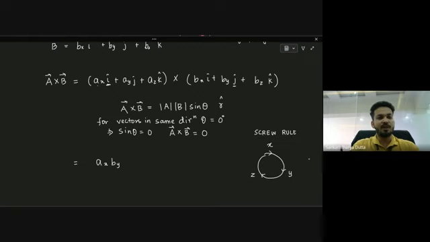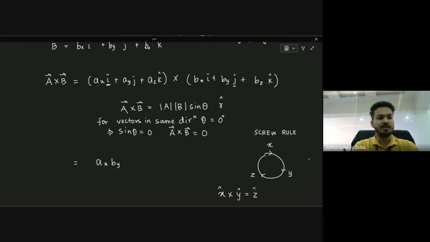If you follow along the arrows, your answer will be positive. If you're going against the direction of the circle, it will be negative. So if you do x cross y, you're going to get z.